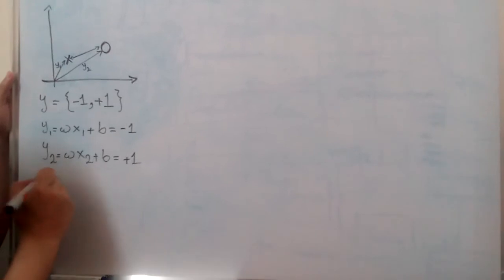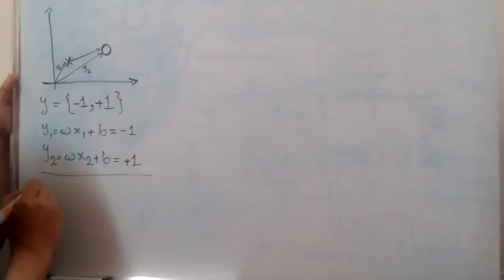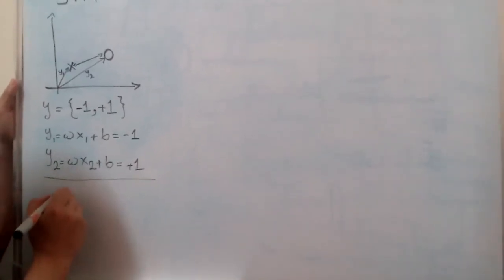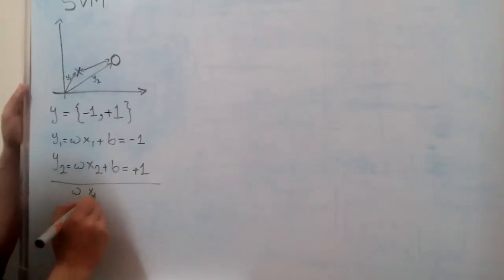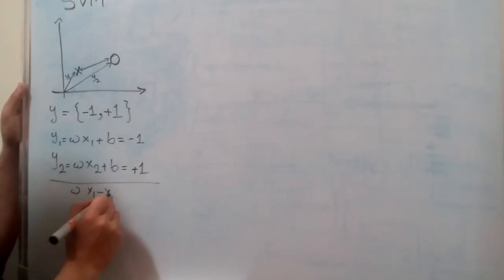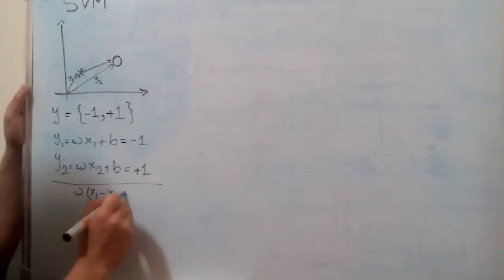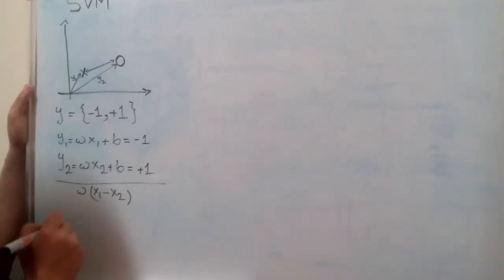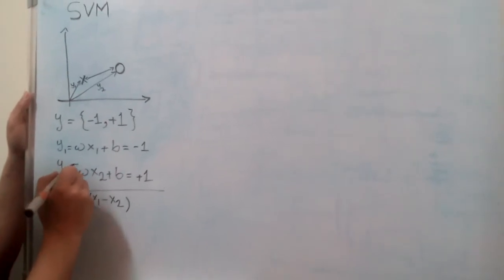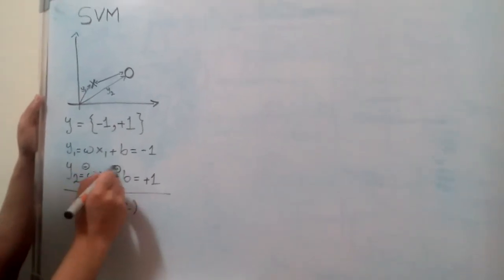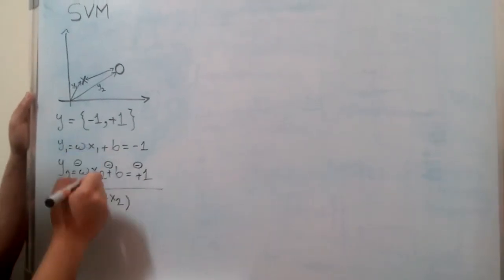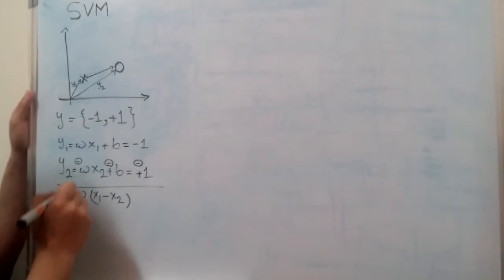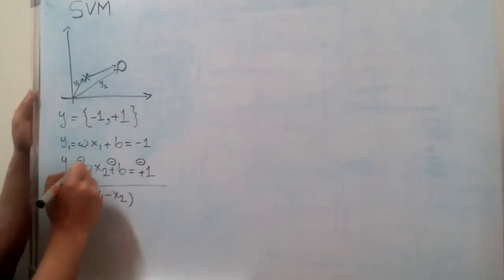We subtract the two equations to get the difference, so that will become omega x1 minus x2. Note here that we have omega as a common factor, so you simply apply a minus sign over here, and over here. So you do element-wise subtraction, you get omega x1 minus omega x2.